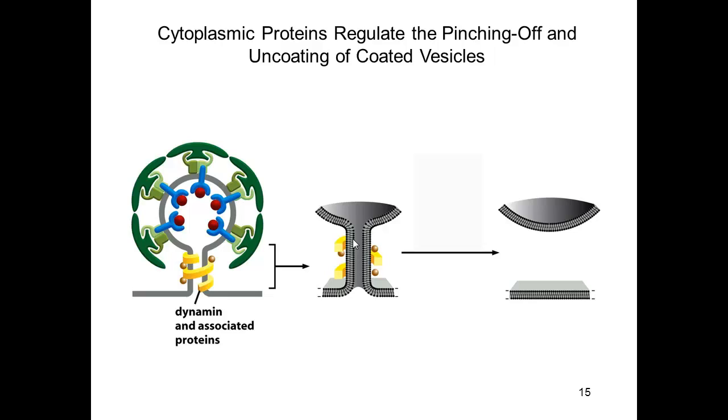And here we see the way that the stalk gets pinched off. This is an ATP-driven process by the protein dynamin, and this is very much a boa constrictor-like mechanism for squeezing the plasma membrane such that the continuity is broken.